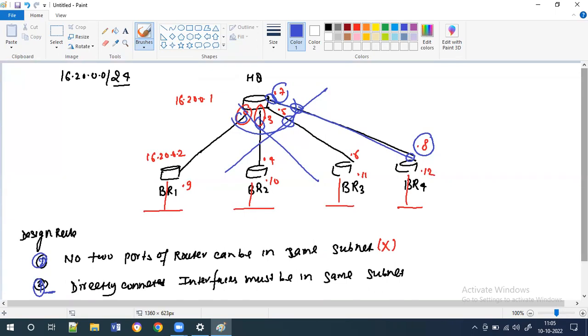So I can use the switch, right? From the router point of view, this design is totally wrong, because you have to consider the design rule. The design rule says directly connected interfaces must be in the same subnet, and no two ports of a router can be in the same subnet. So instead of this, if I use a switch, let's put the switch here.